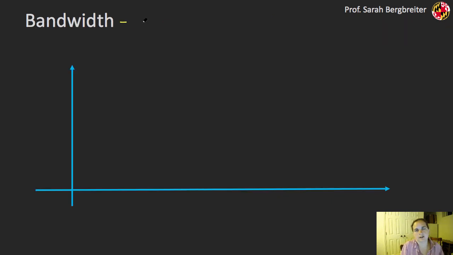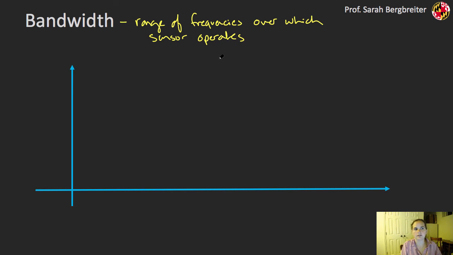And finally, I want to talk a little bit about bandwidth. Bandwidth is defined by the range of frequencies over which the sensor operates. You may have seen a frequency plot like this before, where you have the amplitude of your sensor measured based on frequency.